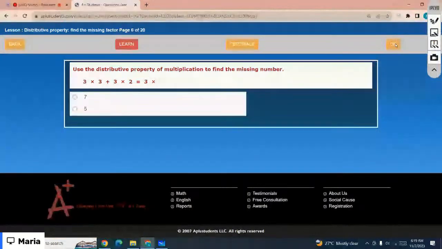Use the distributive property of multiplication to find the missing number. So which number is missing? The missing number is 5.